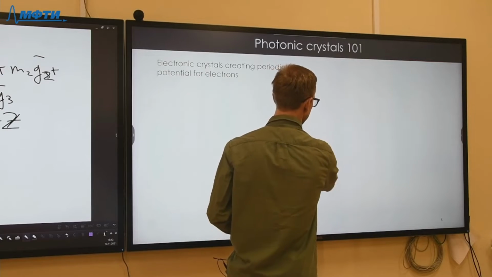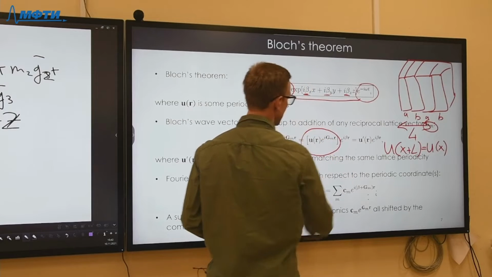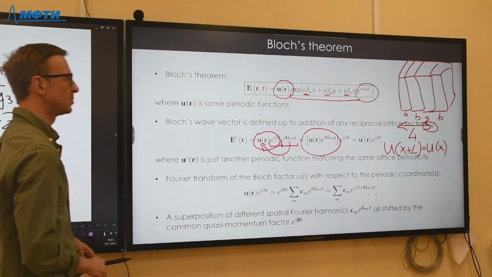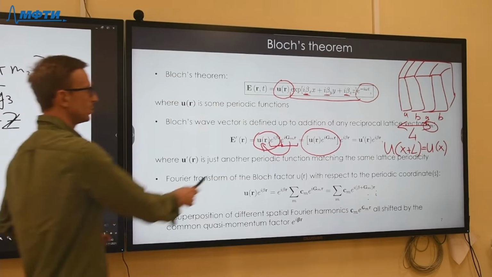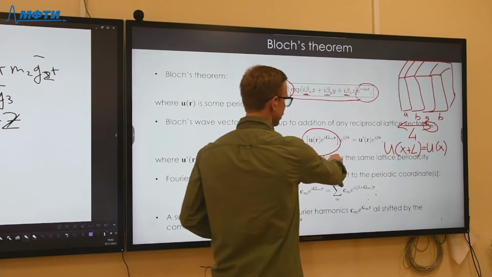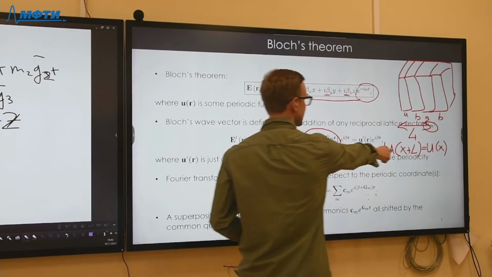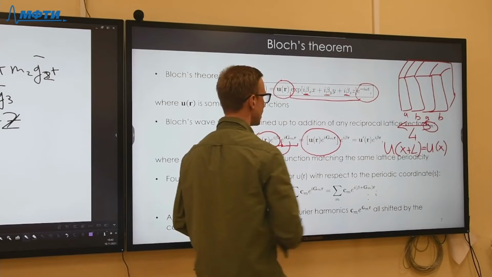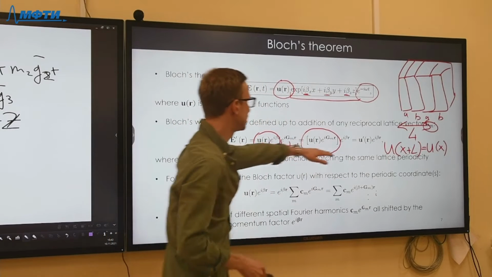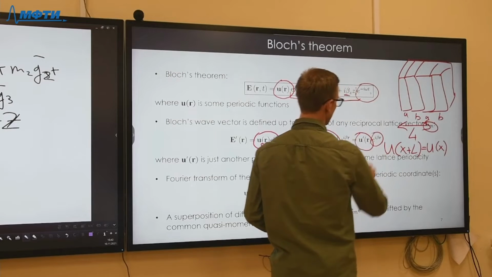Now this new factor, which appears in brackets here, is just another periodic function matching the same periodicity of the lattice, because u matches this periodicity. And you can verify that this exponential factor also matches the same periodicity L, because this is just how these G's are defined. So this is just another periodic function with the same period and the same Bloch wave.